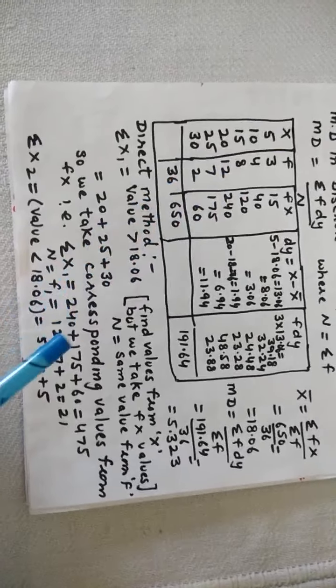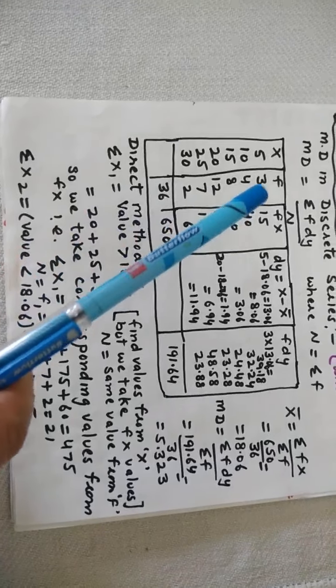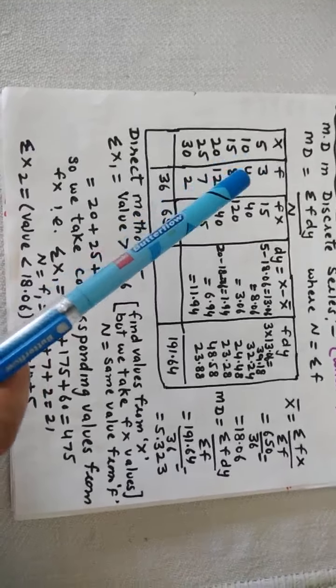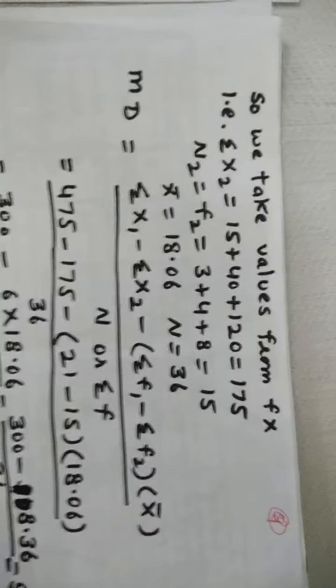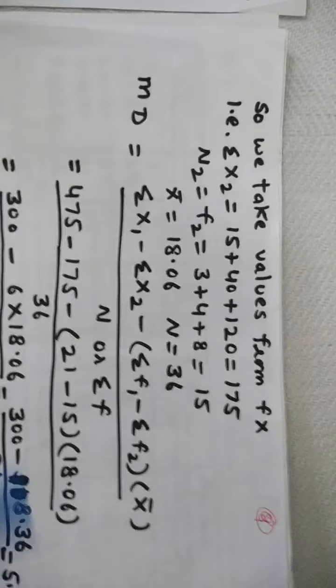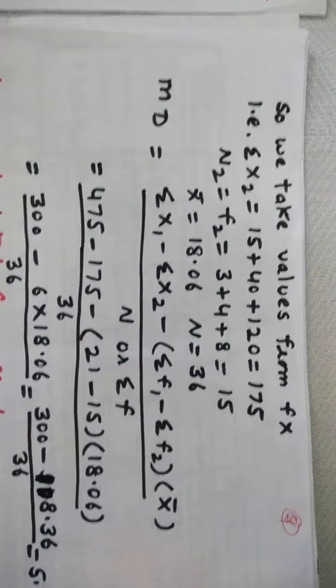Next is the value of x2, values less than 18.06: 5, 10, 15. So the corresponding values are 15, 40 and 120. The total of this is 175 and n2 is taken from frequency, 3 plus 4 plus 8.